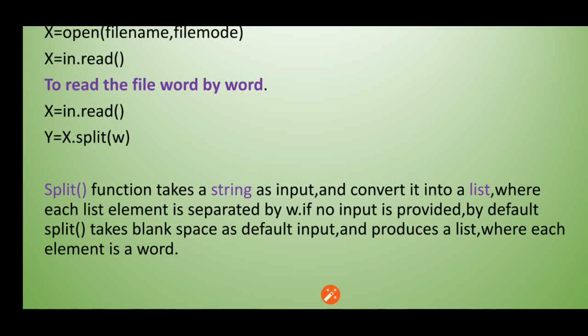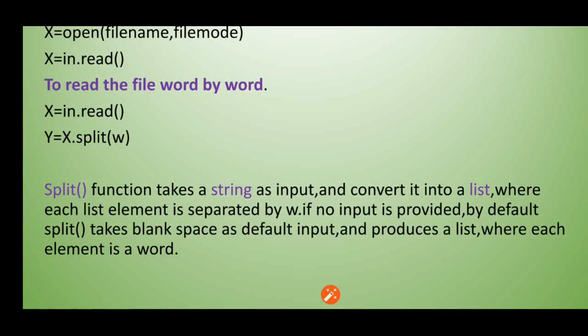The split function takes a string as input. So here y equals to x dot split, the input is x, and it converts it into a list where each list element is separated by w. What is w? w can be any character.